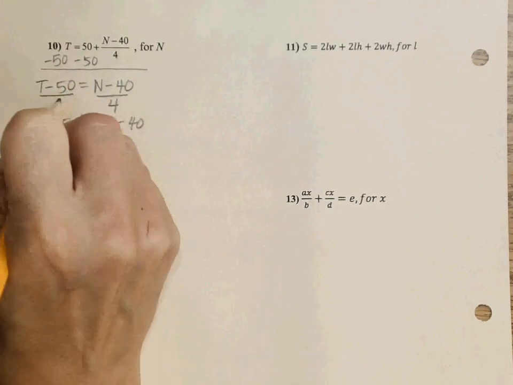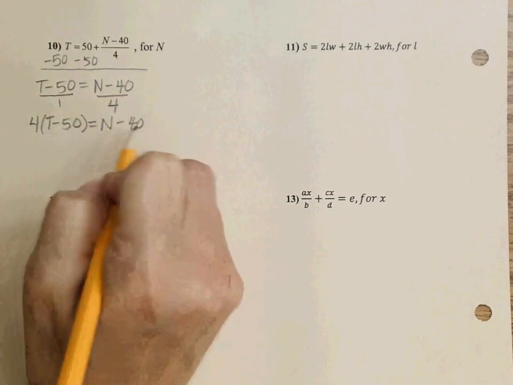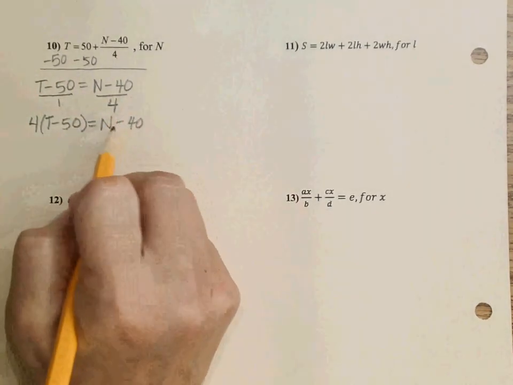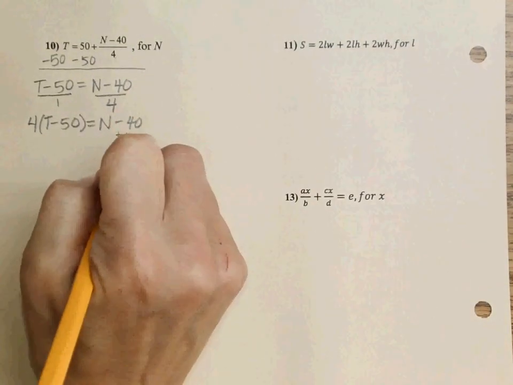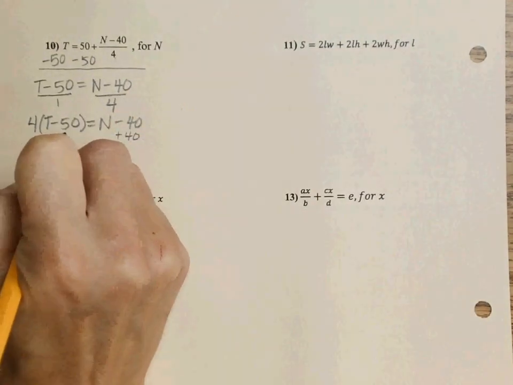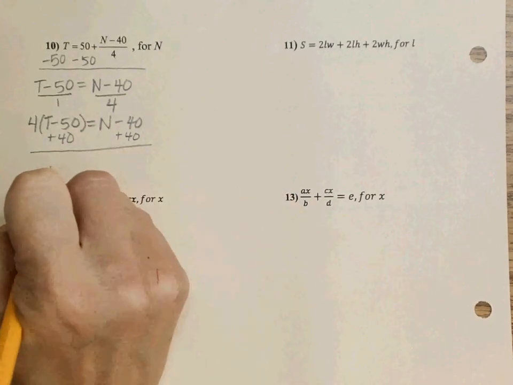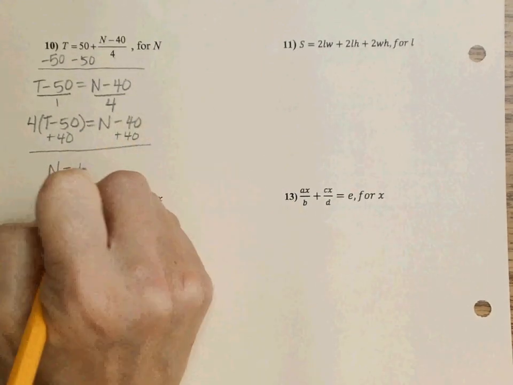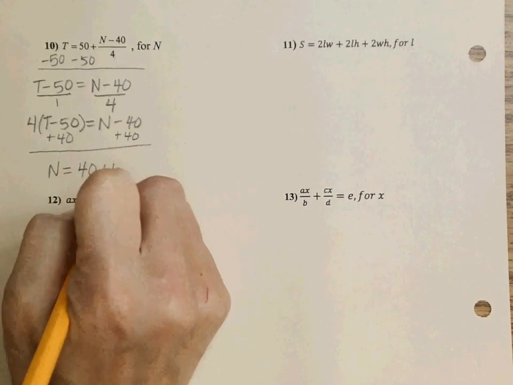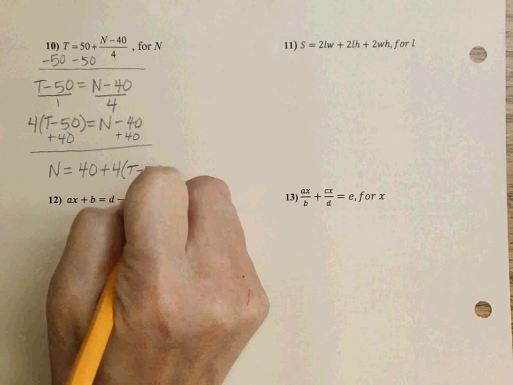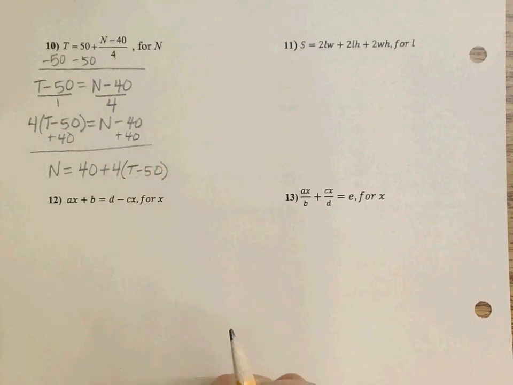I would put this over 1, and 1 times n minus 40 remains n minus 40. To keep solving for n, the inverse operation is to add 40 to both sides. Then my final answer, n, is equal to 40 plus 4 parentheses t minus 50.